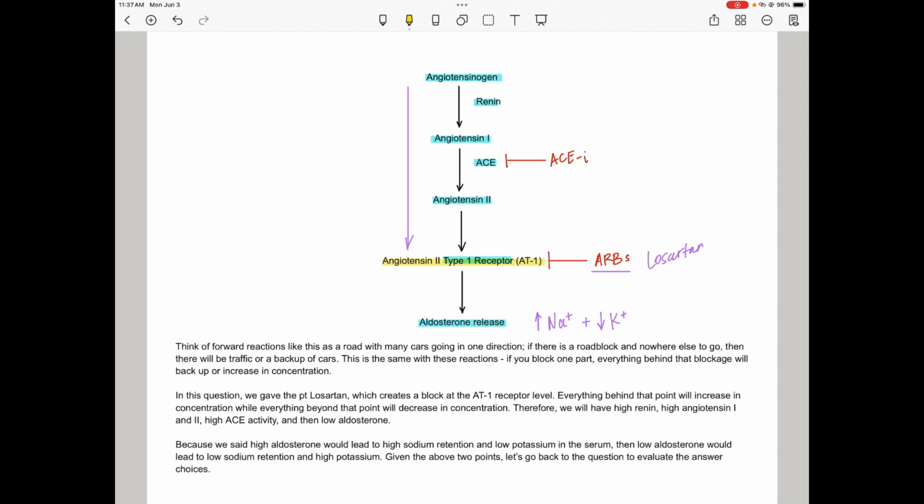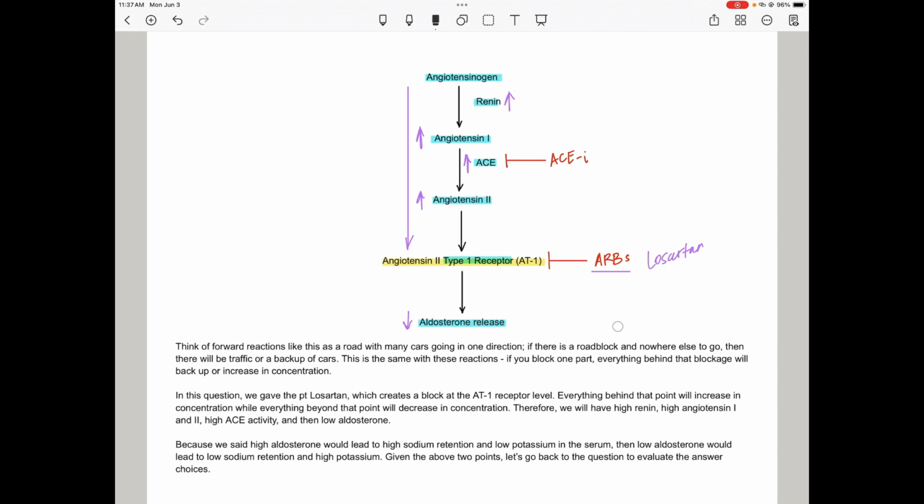So everything behind that will increase, which means we will have increased renin, increased ACE activity, increased levels of angiotensin 1, increased levels of angiotensin 2. However, after this block, we will have low levels of aldosterone.